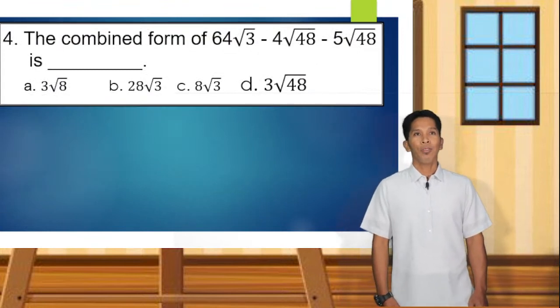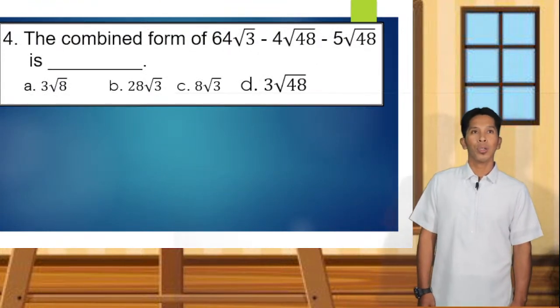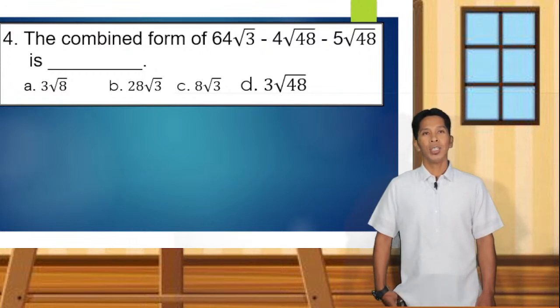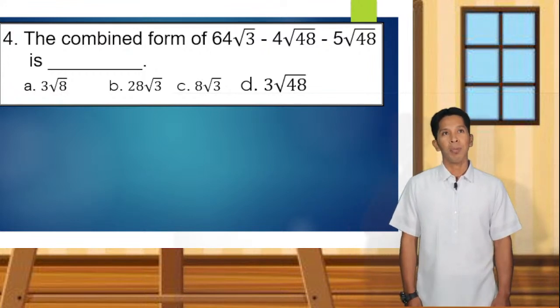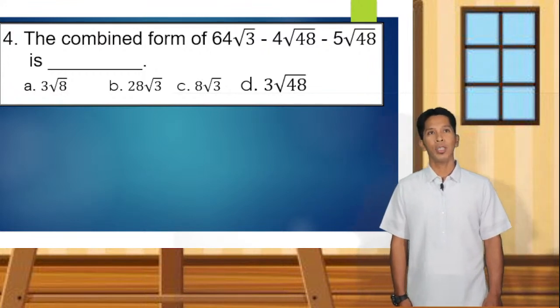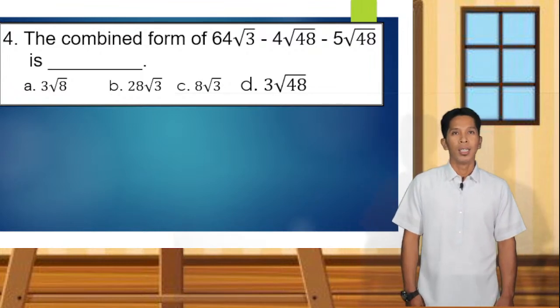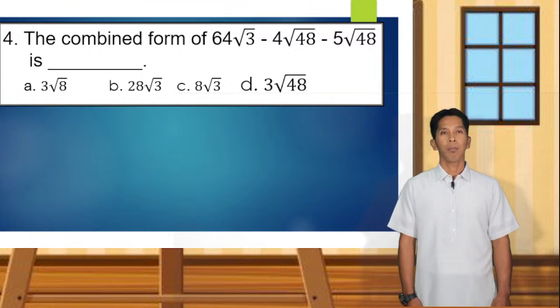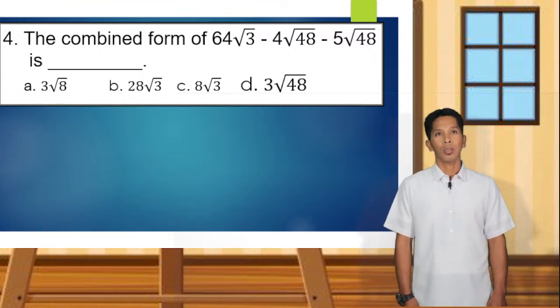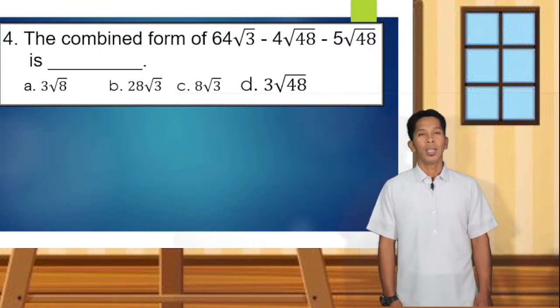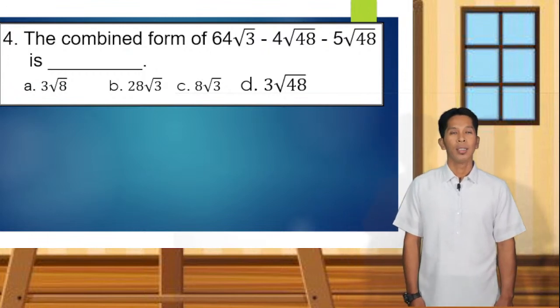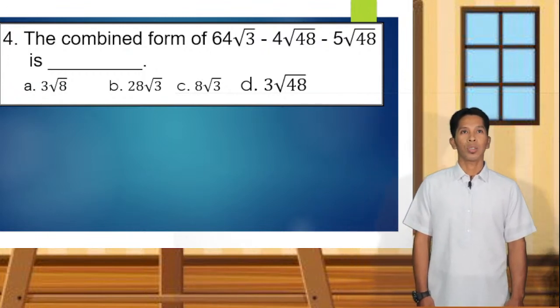The combined form of 6 times the square root of 3 minus 4 times the square root of 48 minus 5 times the square root of 48 is blank. Is it A, 3 square root of 8, B, 28 square root of 3, C, 8 square root of 3, D, 3 square root of 48?